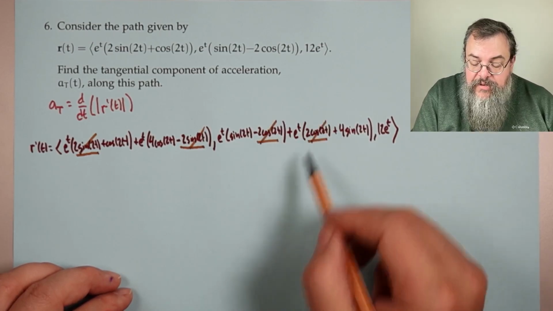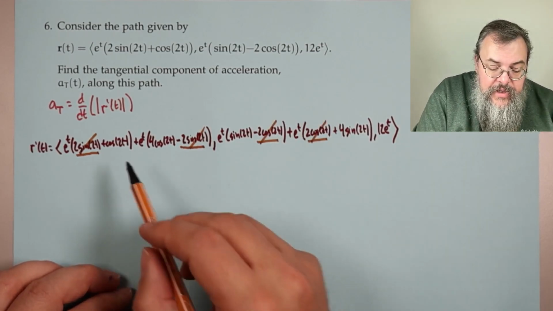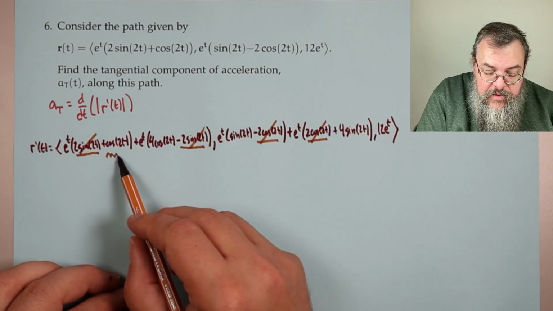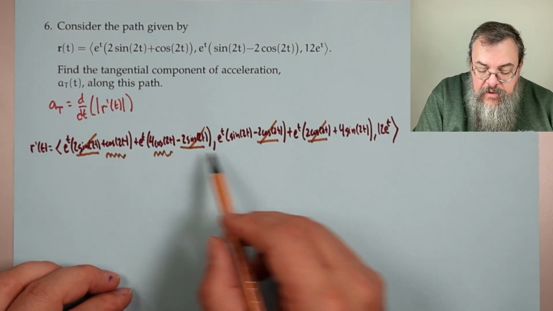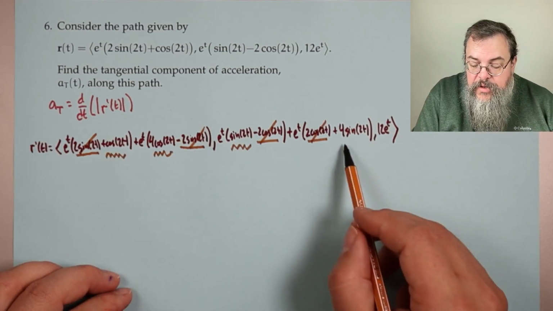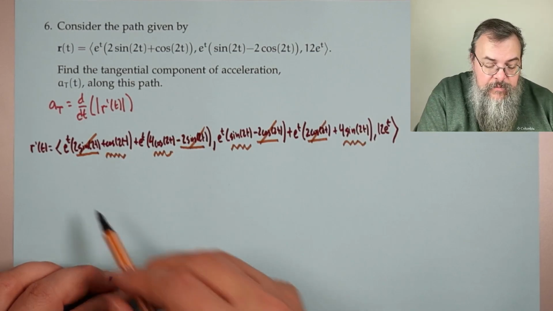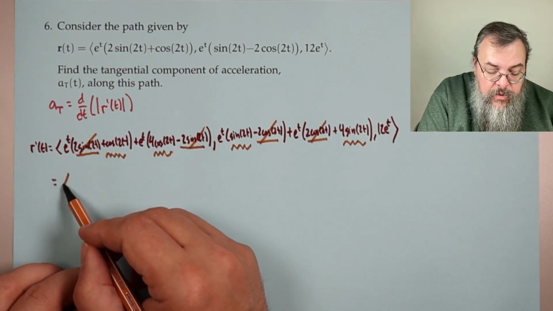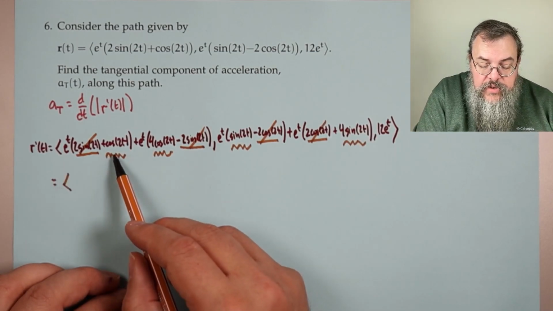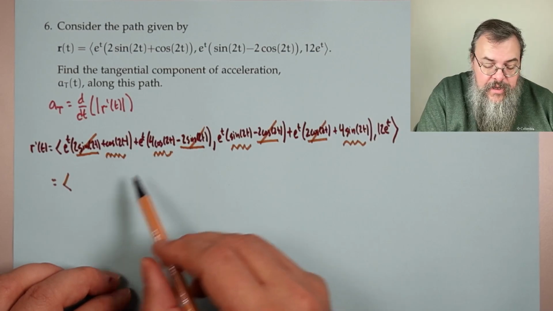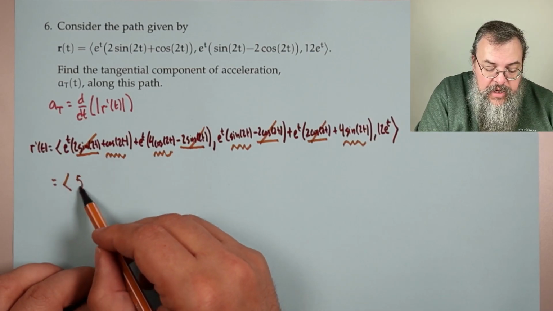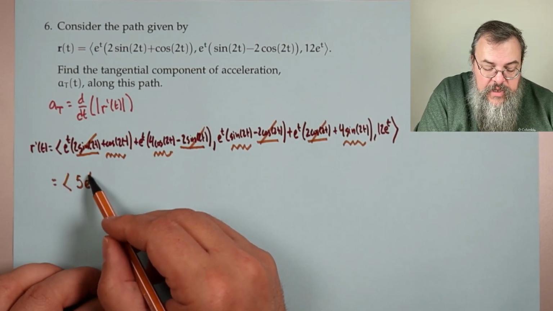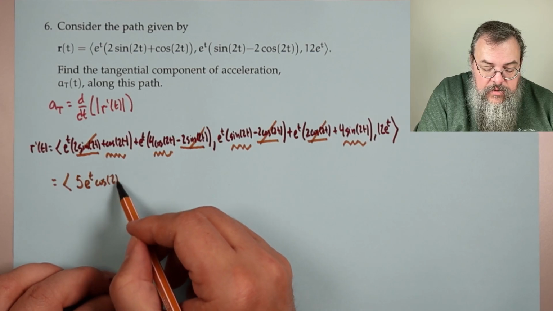Those will end up canceling too. And then on the other hand, these terms don't cancel, but they do combine in their respective slots. So what do we have? Cosine 2t, 4 cosine 2t, and e to the t. So that all combines as 5 e to the t cosine 2t.